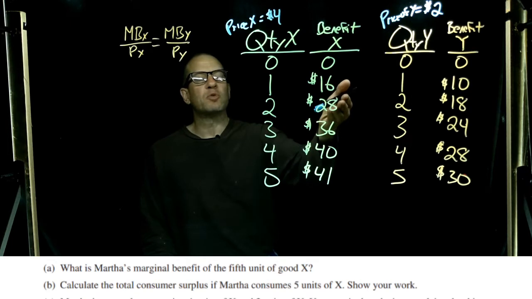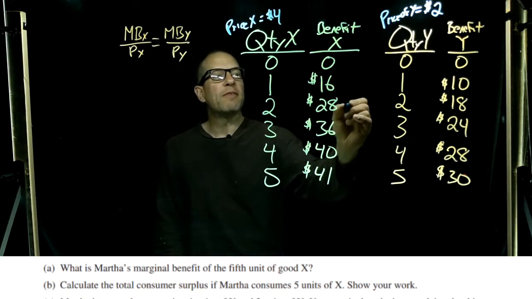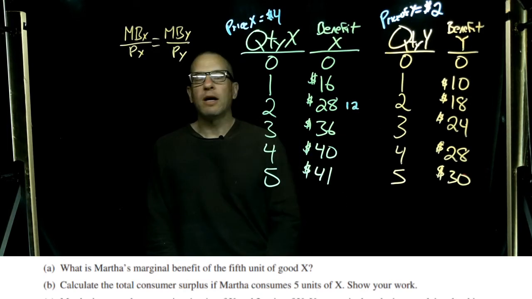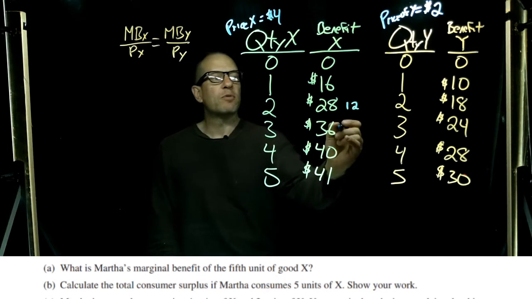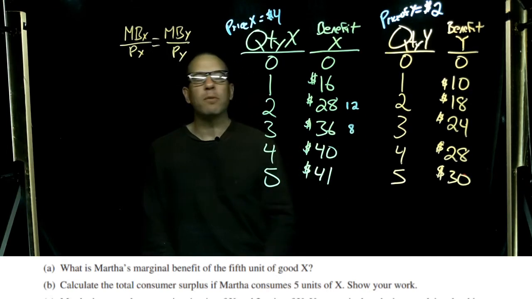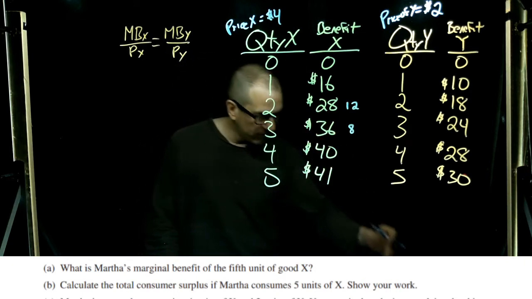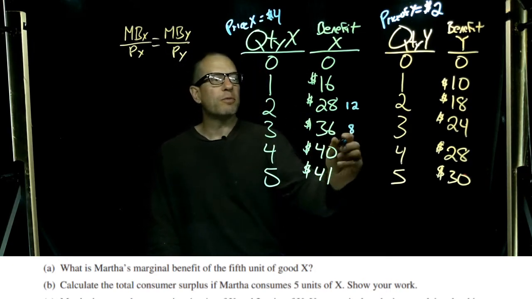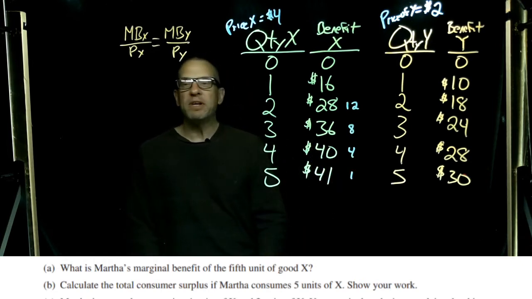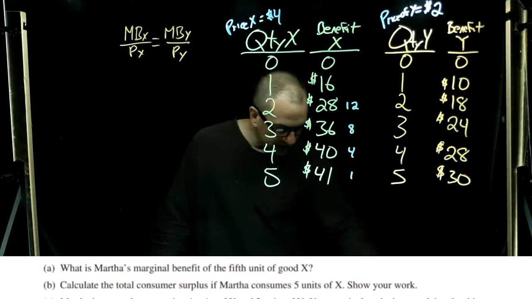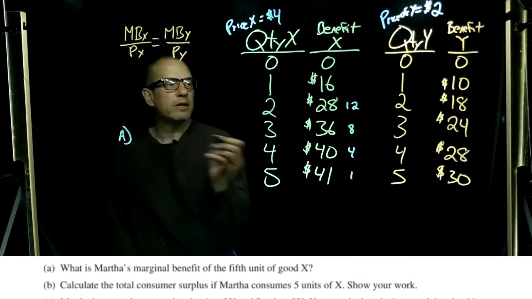So 16 plus 12 gets her to 28. So her marginal benefit for the 2nd unit would be 12. For the 3rd, the difference would be 8. To consume her 4th would be $4, and to consume that 5th one would be $1. So for question A, the answer would be $1.